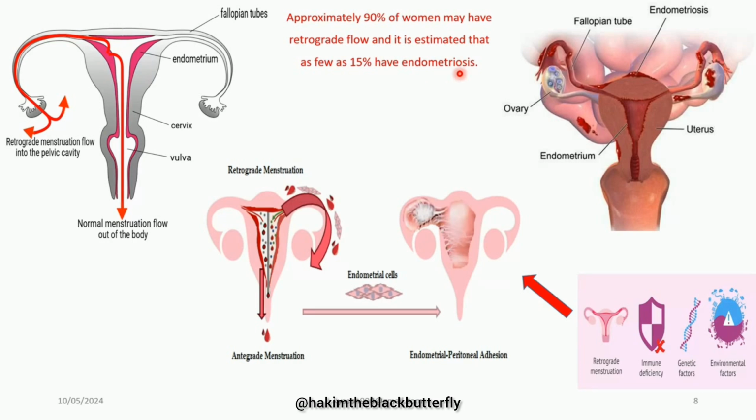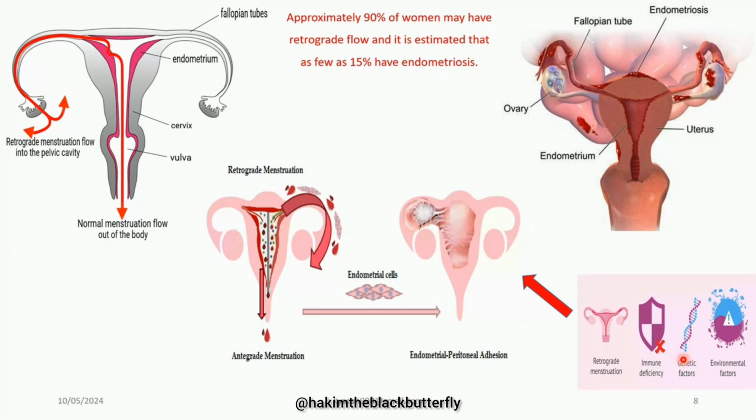This endometriosis, I have said it's going to occur in such women. So having retrograde menstrual blood flow is a risk factor for endometriosis. People with a weak immune system are also going to experience endometriosis. There are some genetic factors.